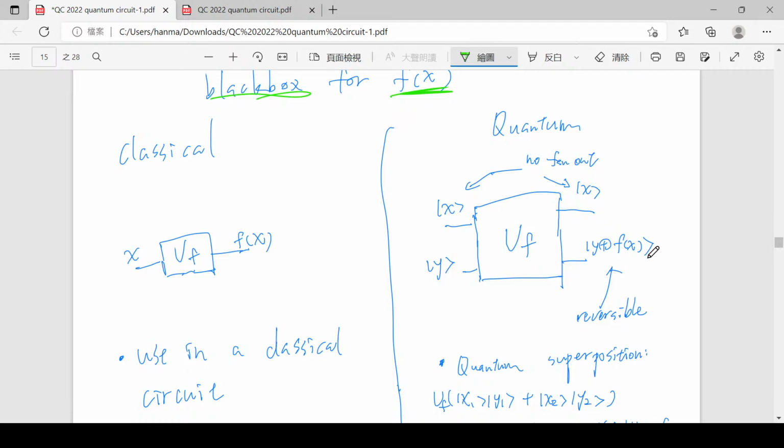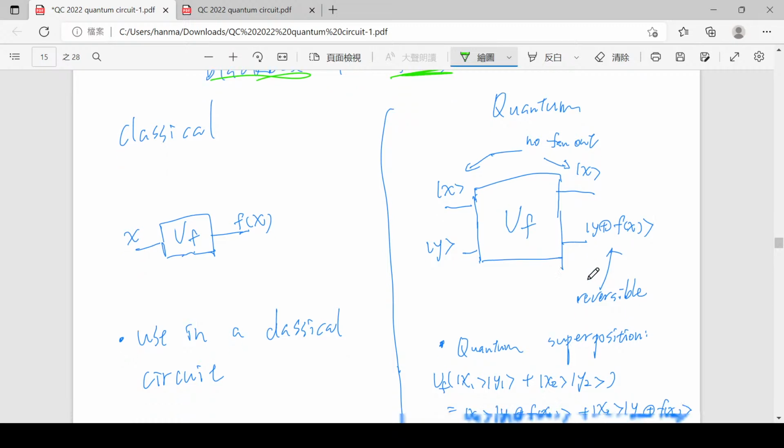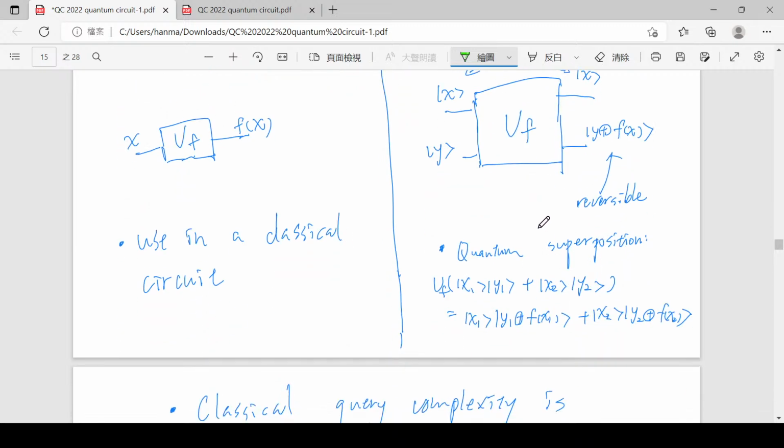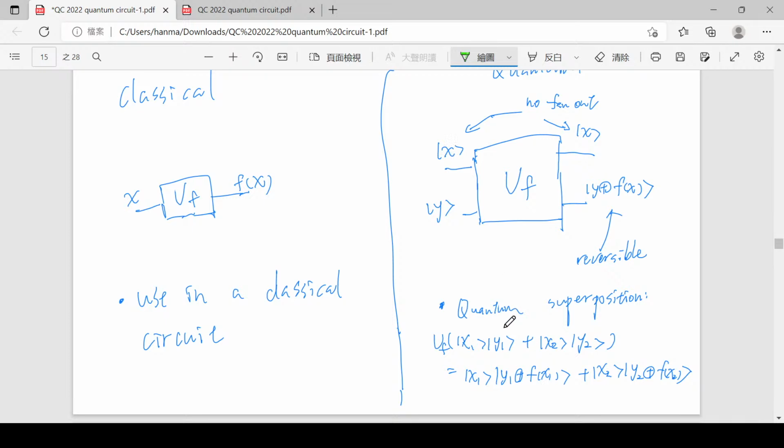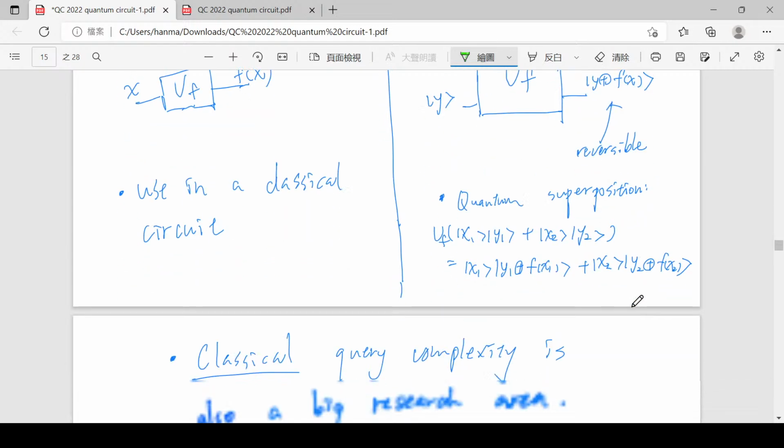So y doesn't get erased. And once again, you can do quantum superposition on this: if you have x1, y1 plus x2, y2 as the input, some entangled input to this U_f, then you get a still entangled output, x1, y1 ⊕ f of x1 plus x2, y2 ⊕ f of x2.